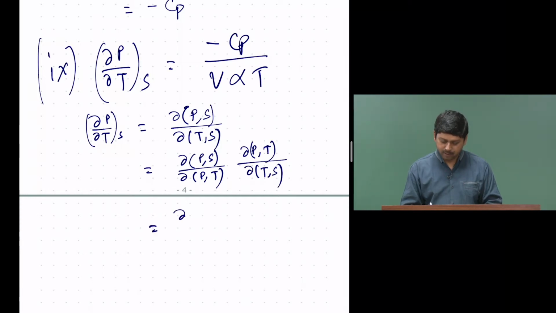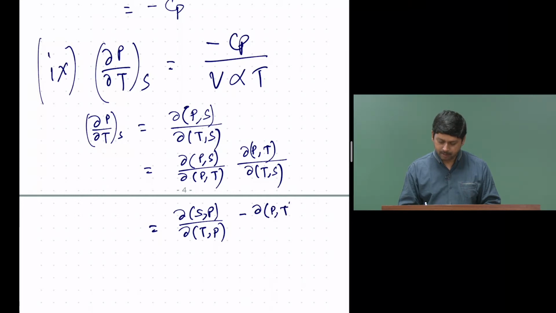So, that is going to give us del (S,P) and del (T,P), because you know that I can interchange both of them, and the right hand side I can write with a minus sign. I can write that as minus del (P,T) by del (S,T). Okay. So, this one is going to give us Cp by T, or we will just write one more step to show you that it is Cp by T. There is a minus sign here, and that is nothing but del P by del S at a constant T.